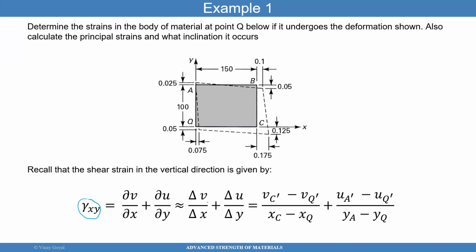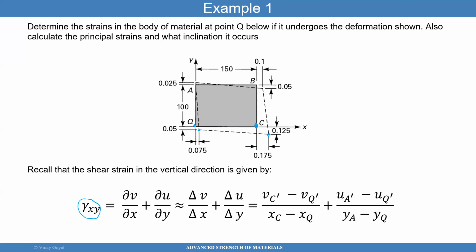So I want to look at CQ. I want to see what the change in angle is, which I can calculate fairly quickly. So that's going to be VC prime, the vertical deflection of C to this point here, the downward deflection, minus VQ prime, because this point moved downwards also to this point. Divided by XC minus XQ. So XC, the coordinates of this point, minus XQ.